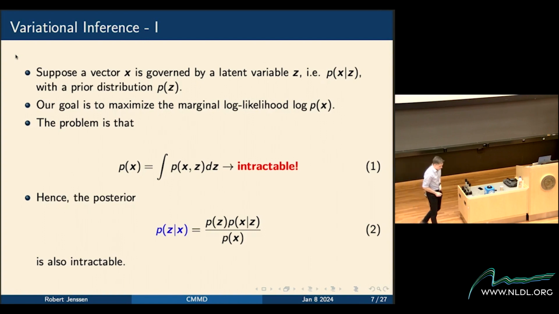And then what we would like to do is, in likelihood-based inference, to optimize our log likelihood function.